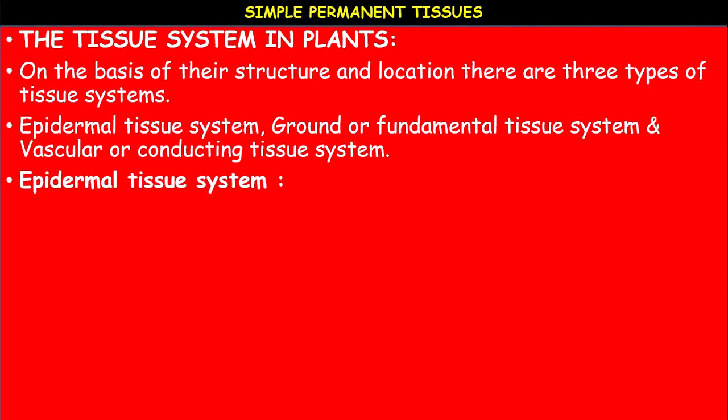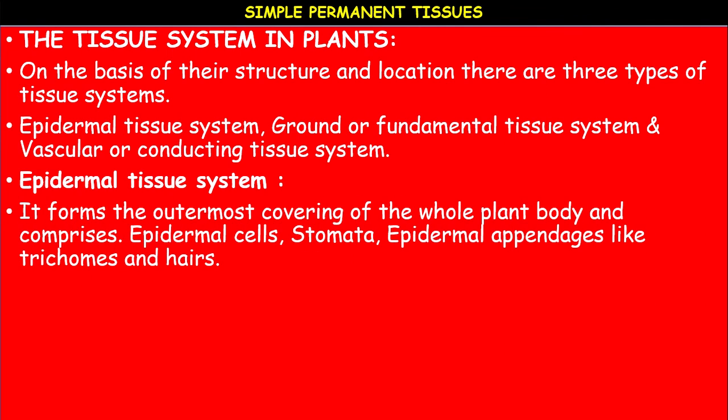First, the epidermal tissue system. The epidermal tissue system consists of epidermis and epidermal outgrowths. It forms the outermost covering of the whole plant body and consists of epidermal cells, stomata, and epidermal appendages like trichomes and hairs.